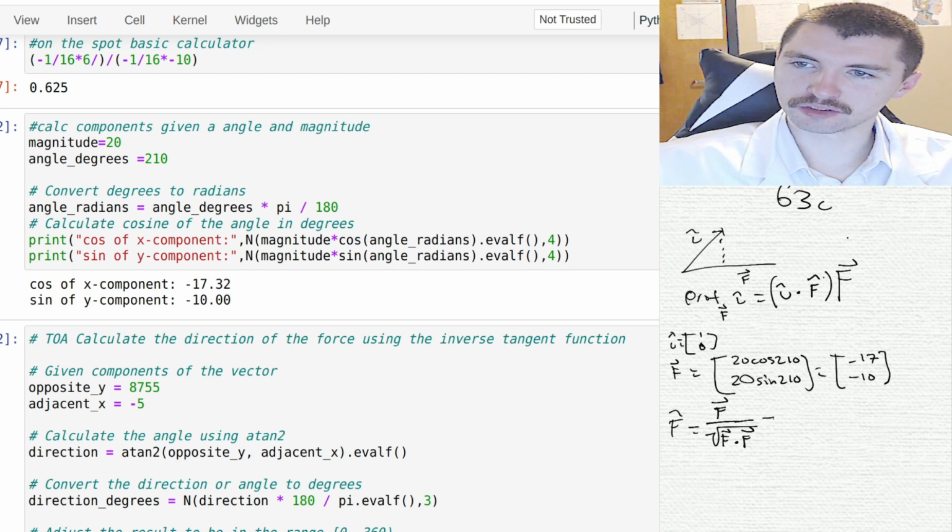So another way of looking at this is you're taking F times the reciprocal of that. Or you could write it as a negative 1/2.